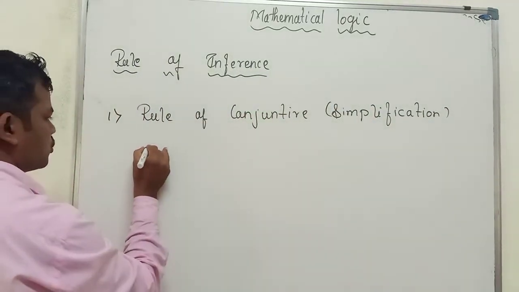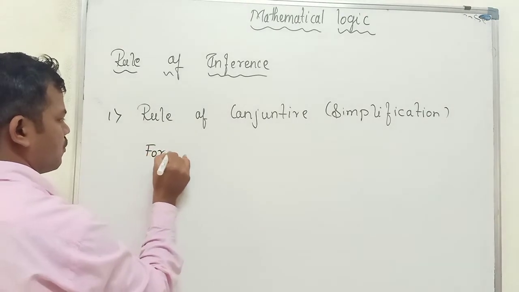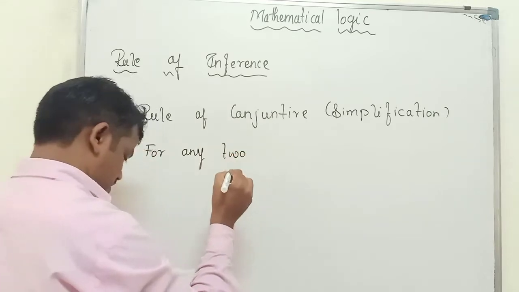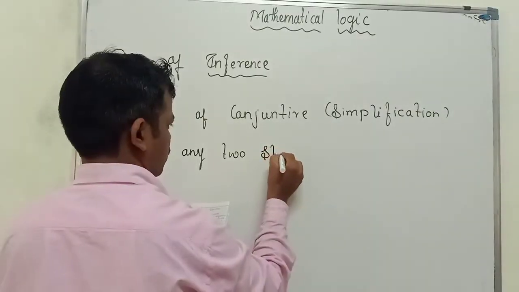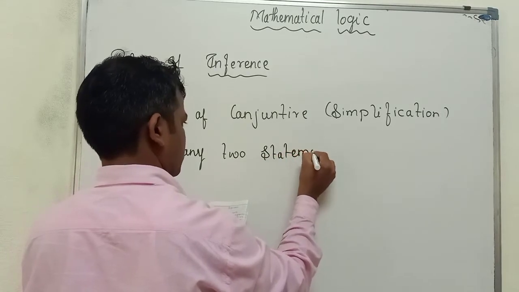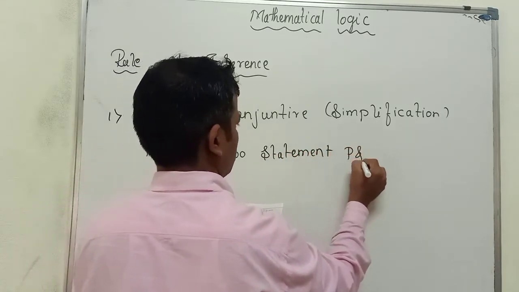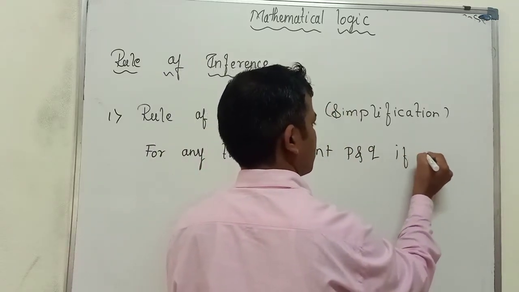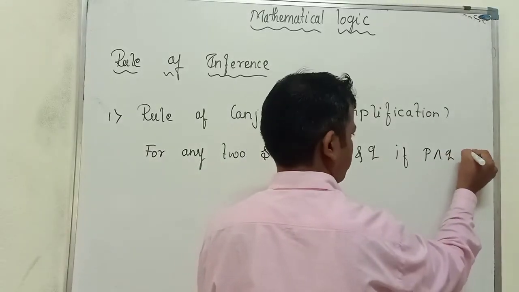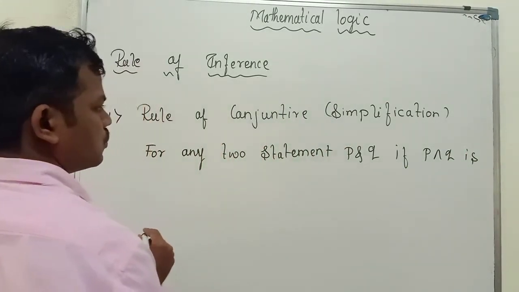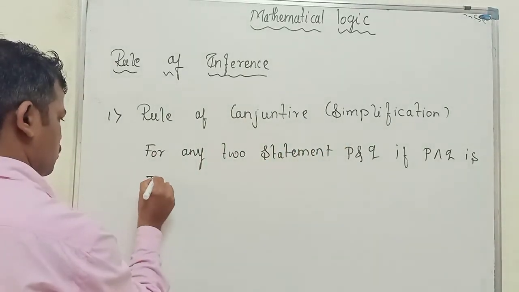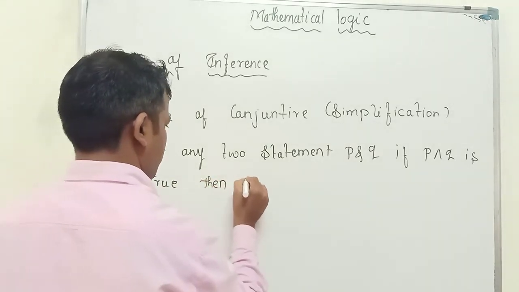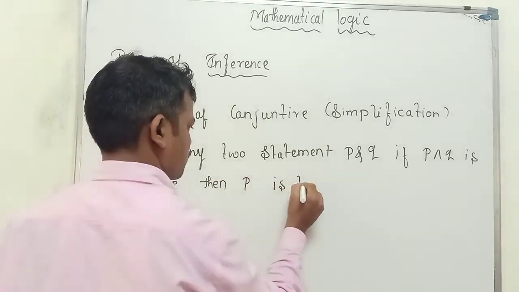For any two compound statements P and Q, if P and Q is true, then P is true.